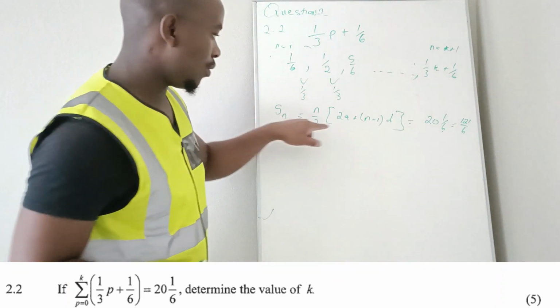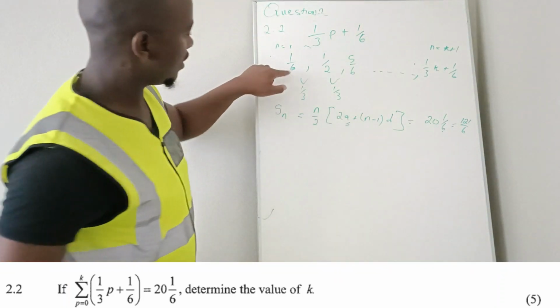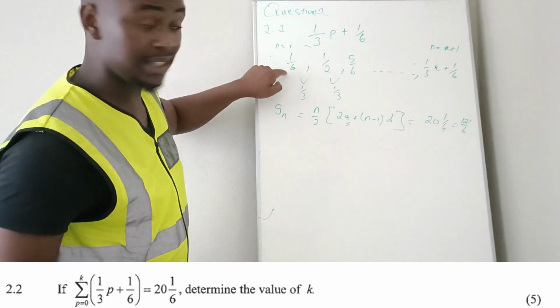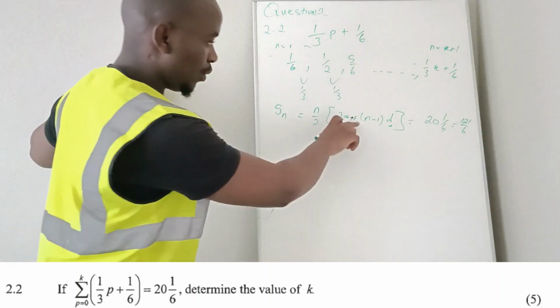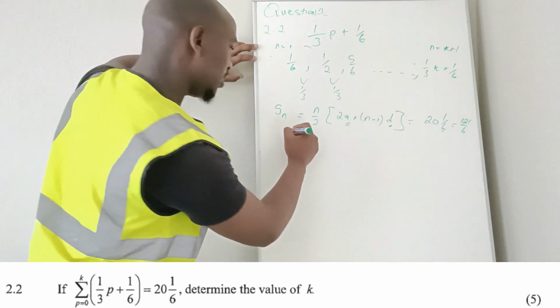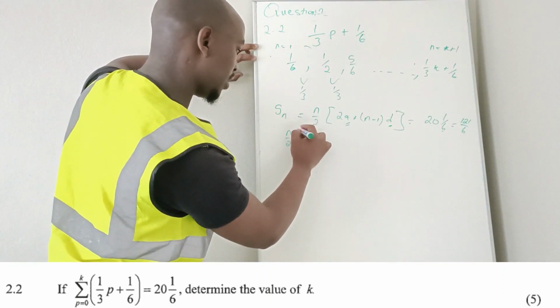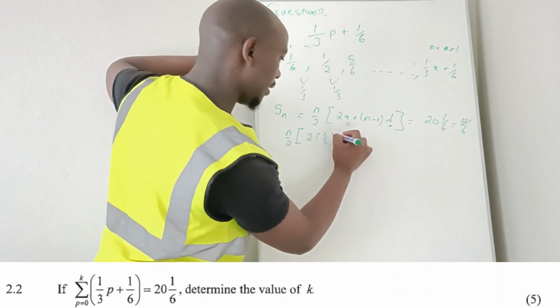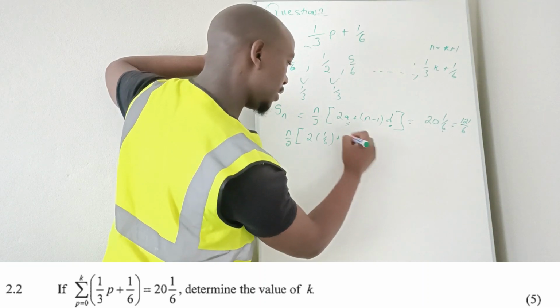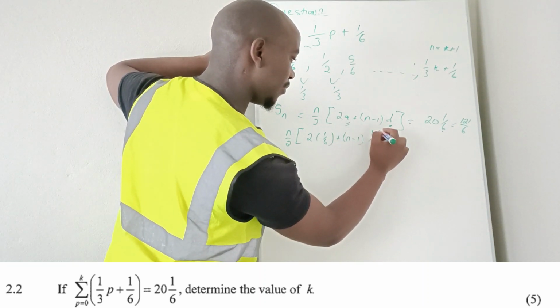We already know the value of the first term. We already know the difference is 1 over 3. So we can figure out how this looks: n over 2 into 2 times 1 over 6 plus n minus 1 times 1 over 3.